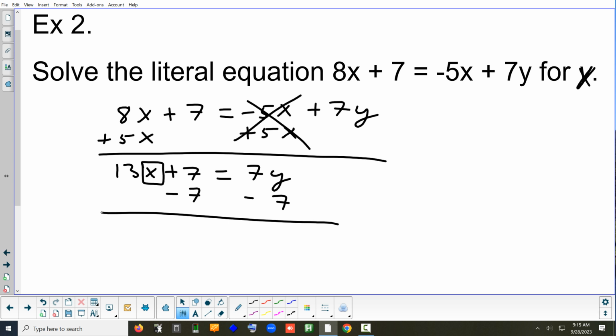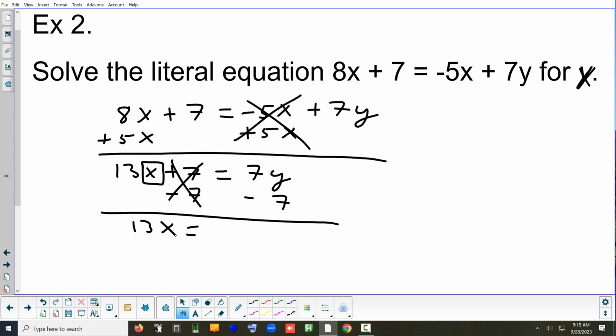Now you have plus 7, minus 7. What happens there? Cancels out. Those cancel. So we got rid of that. Is there anything still on the left side? 13x. Yep. Equals. And now are 7y and negative 7 like terms? No. So you pretty much just have to write down that.